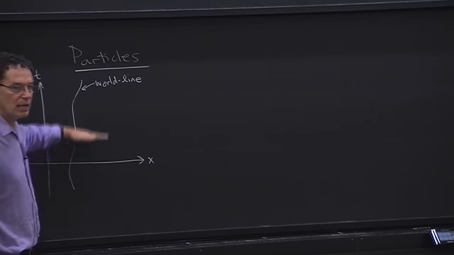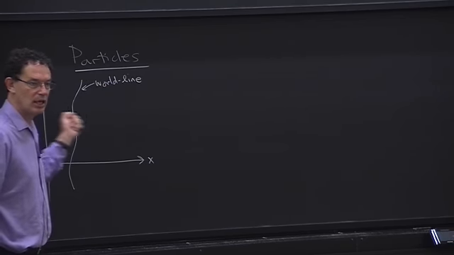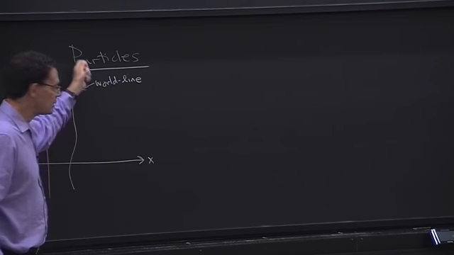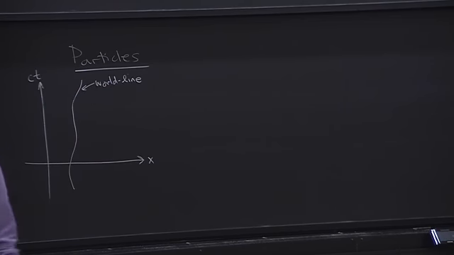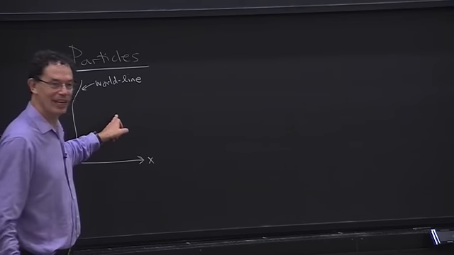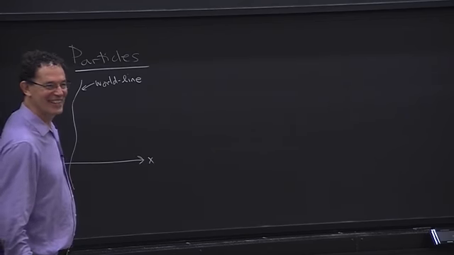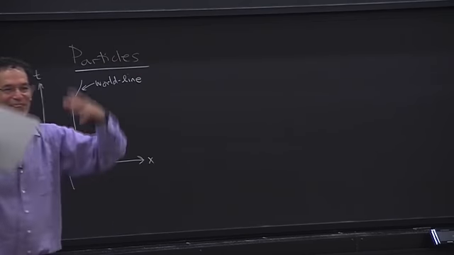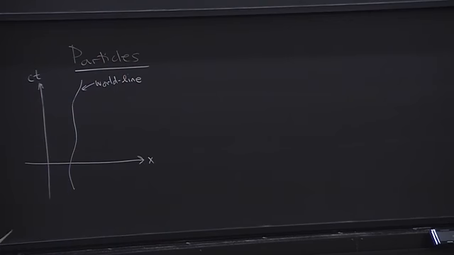As you run time forward, the location of the particle changes, and that's represented by this world line. Each one of you is following a world line. Some of your world lines started in India, and then they came over to Canada, and who knows where they will go after that. But we're all following world lines in this picture.